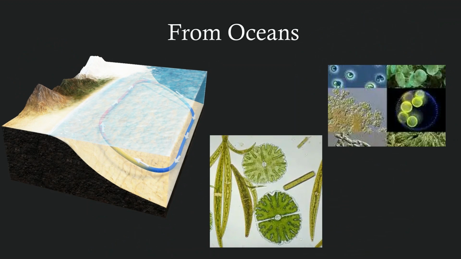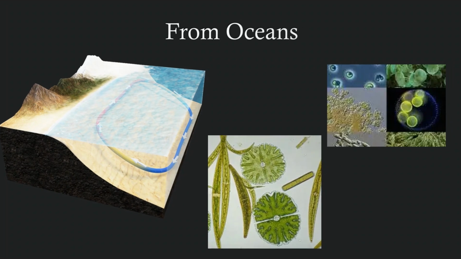Much like land plants, phytoplanktons perform photosynthesis using sunlight, carbon dioxide, and water to produce glucose and oxygen. They contribute significantly to the global oxygen supply. And also, there are microalgae, also known as seaweeds. There are also cyanobacteria. These microscopic bacteria, also known as blue green algae, have been producing oxygen for billions of years. They are among the earliest organisms capable of photosynthesis and are vital in oxygenating the ocean and atmosphere.